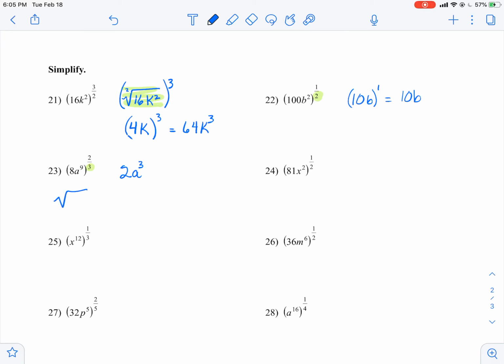So let me show you what I mean by that. I have a to the 9th, the 3rd root. So I am looking at, this would be a^3 and a^3. Whoops, sorry. Let me go back.